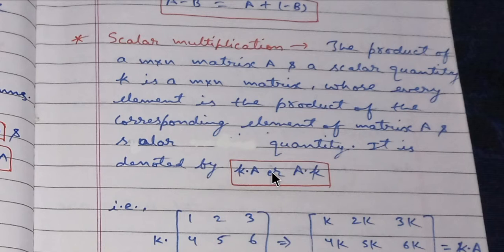It is denoted by k into A or A into k. When we multiply, the product will be denoted by this. So k is the scalar quantity and A is our matrix. So k into A or A into k, both are equivalent.